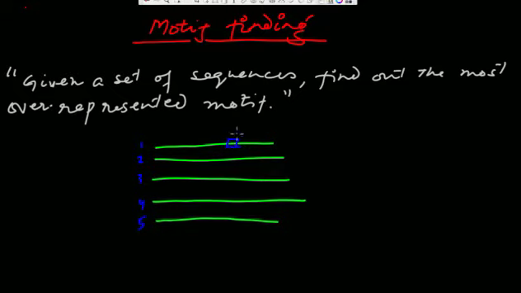So if this is some sequence, maybe a TATA box or any other motif, we need to find out what is the sequence in a set of sequences which is represented in most of them. So there can be this sequence over here, this sequence, this sequence, this sequence. We do not know which one is overrepresented in all the sequences.